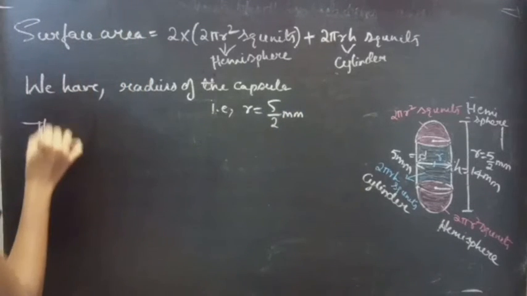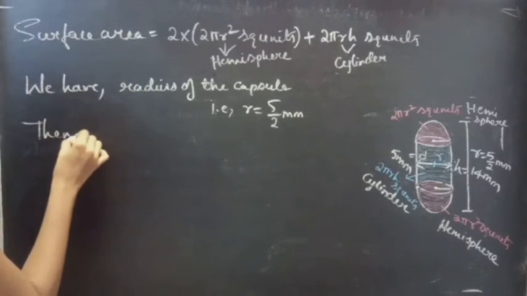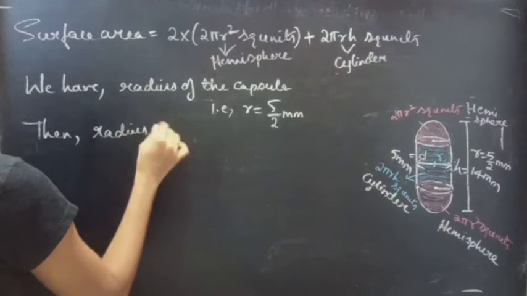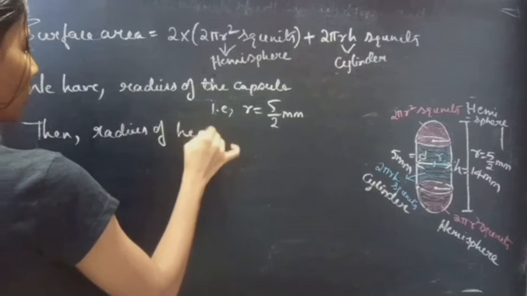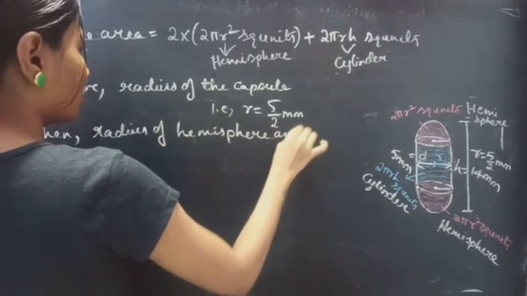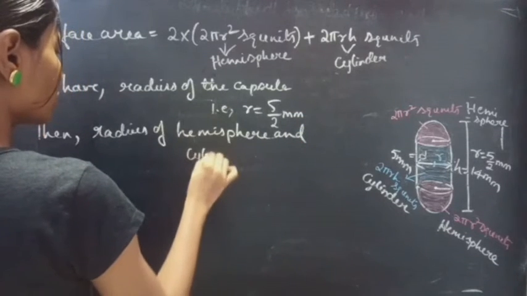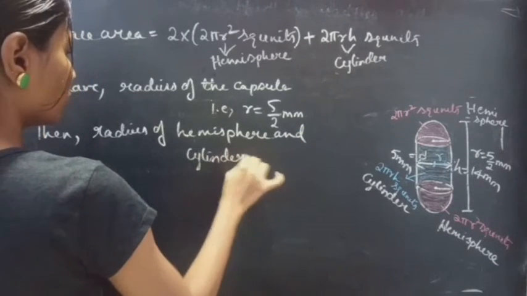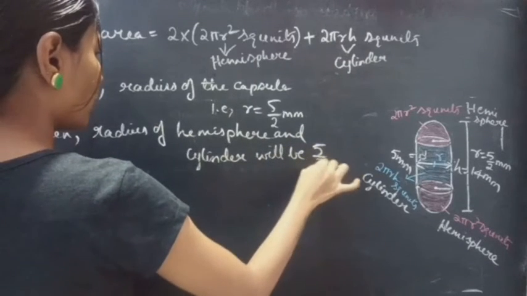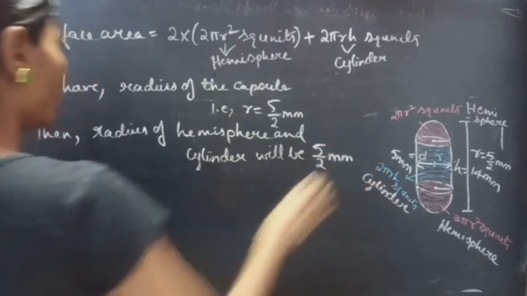Then the radius of the hemisphere and cylinder will be 5 by 2 mm, right?